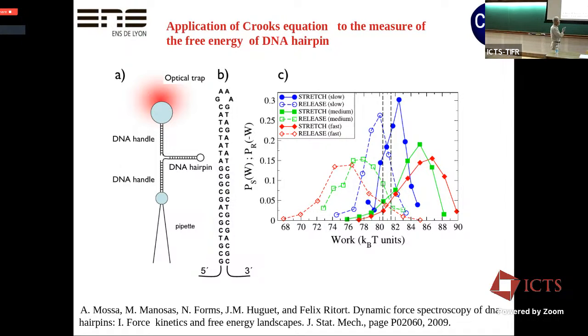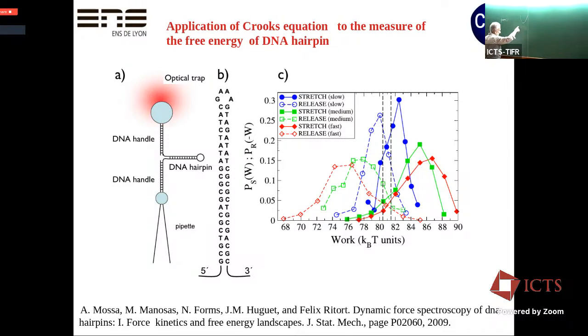Now the pipette is fixed. The optical trap, as you have seen, I can move by moving the laser beam, exactly as I was doing last time. By measuring the position of the bead inside the optical trap, imagine that the optical trap is just a spring.